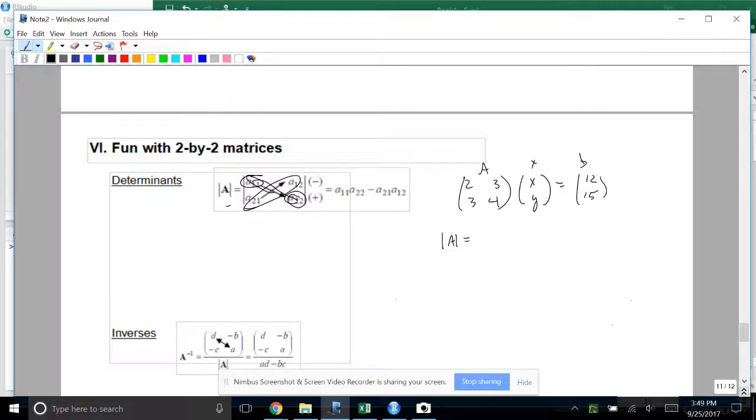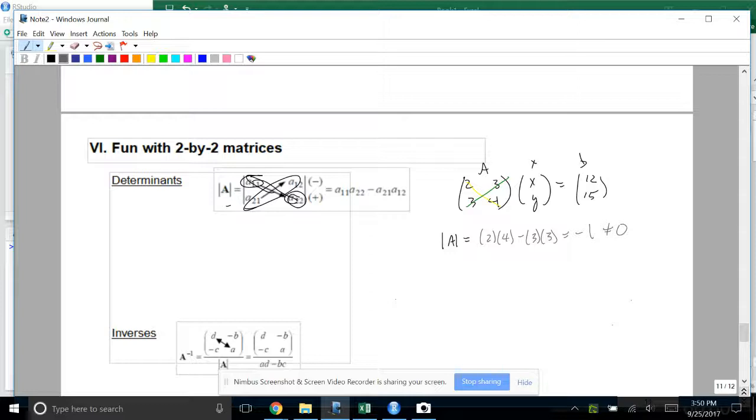So it'll be 2 times 4 minus 3 times 3, and that's going to be a negative 1. The fact that this is not equal to 0 means we can invert this. All right, so what does this actually mean?